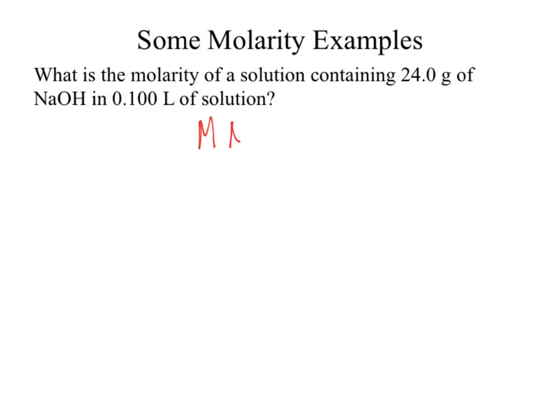We want the molarity of NaOH. Anytime you see the capital M, you should rewrite it as the moles of our substance, in this case NaOH, per liters of our solution. We don't want to put in the 1 liter yet because that's going to be dependent in this case on the volume of our solution.